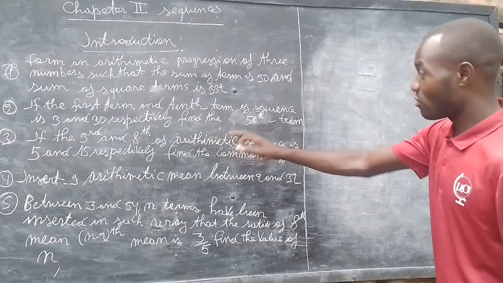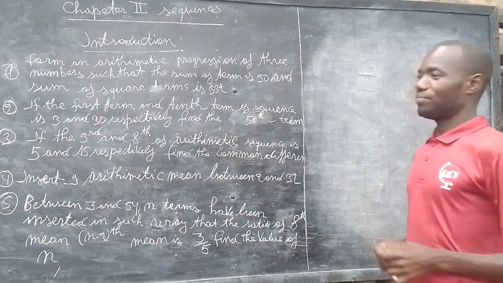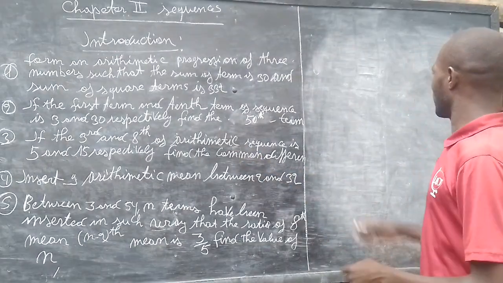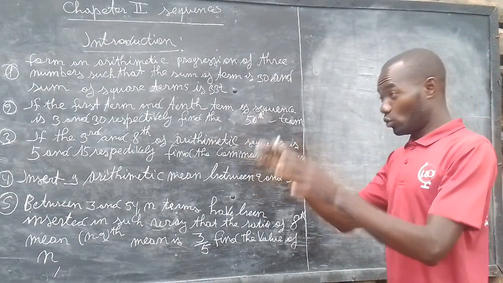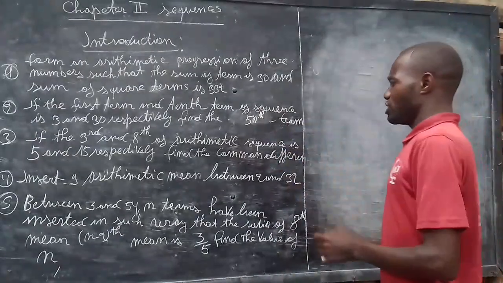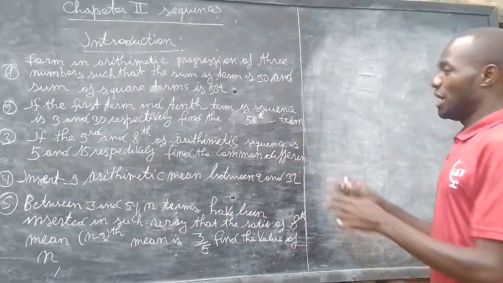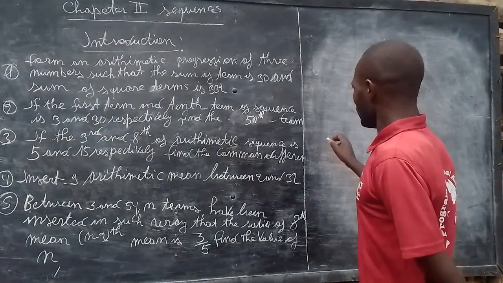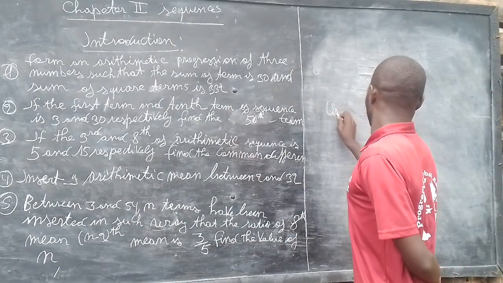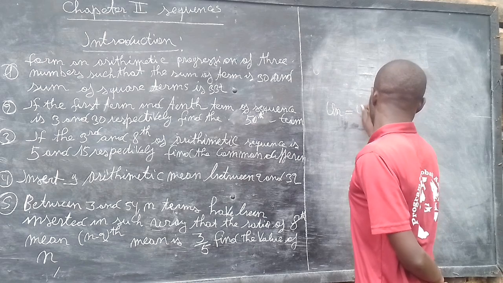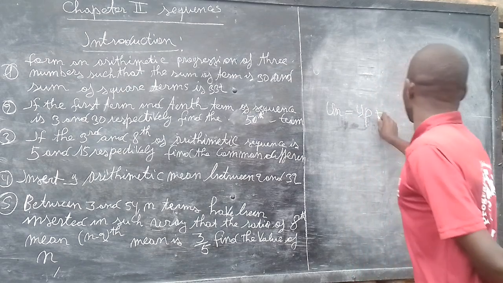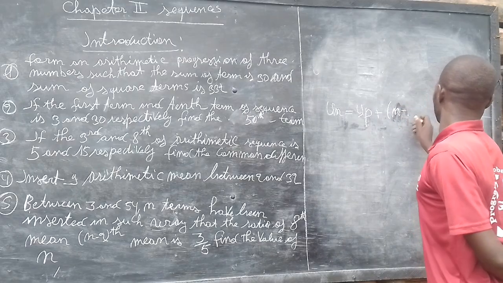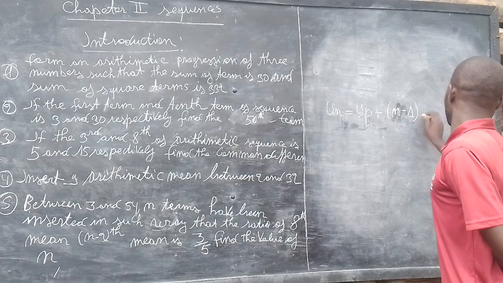Here we have already kept the formula we are going to use. There is a little bit of change in the third equation. So we have un, which is equal to u up plus n minus 1 times d.